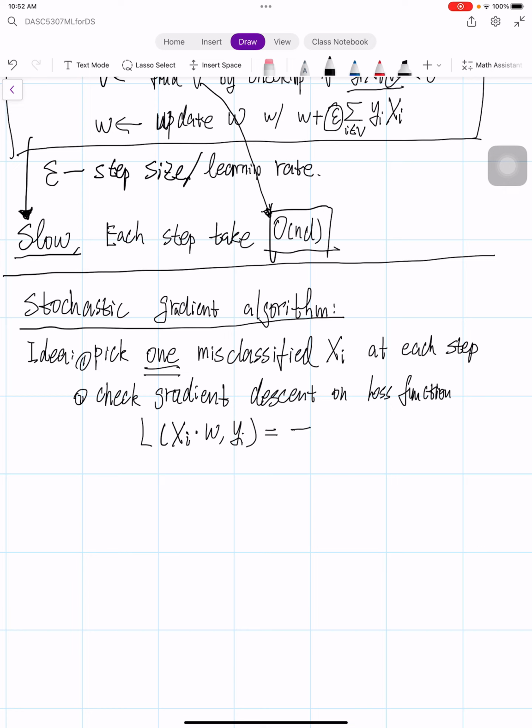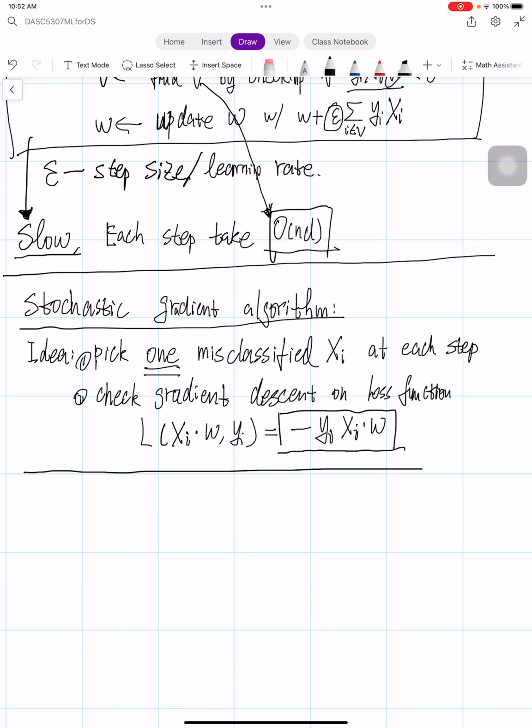So this loss function is negative yi multiplied by the inner product of xi and omega. And then we can check the gradient. It's just calculating the gradient on one data point.